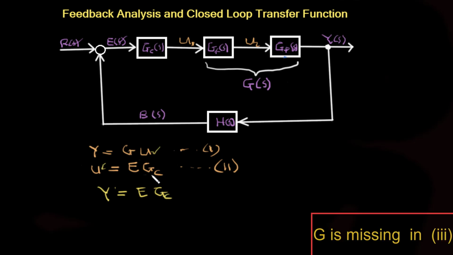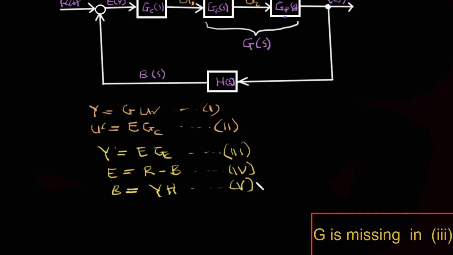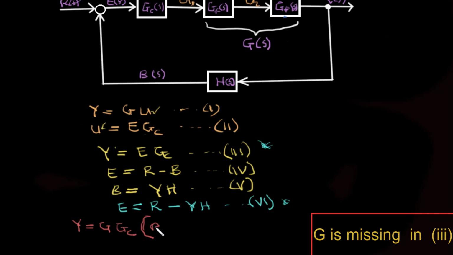Afterward, we can observe that error equals reference minus measured value, while b equals y times h. Furthermore, substituting equation 5 into equation 4, the result will be error equals reference minus output variable times sensor. In addition, substituting equation 6 into equation 3, we will have y, my output, equals G times controller, all of these times reference minus output times sensors.